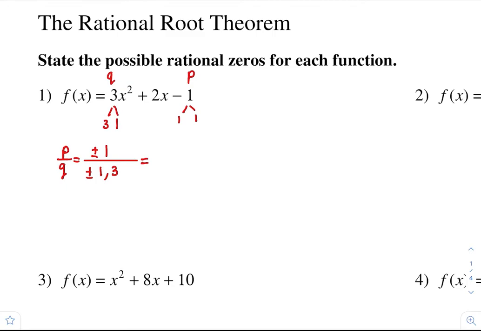So we have to divide every single p factor by every single q factor. So 1 over 1 is 1, and then 1 over 3. And those are all our possible rational zeros for this function. Plus or minus 1 and plus or minus 1/3.